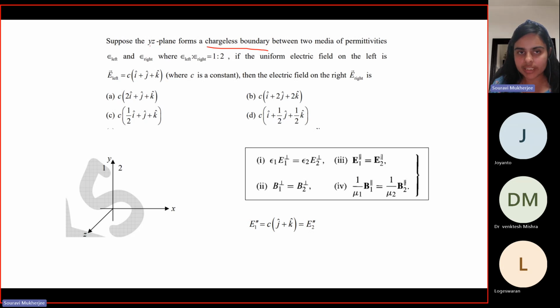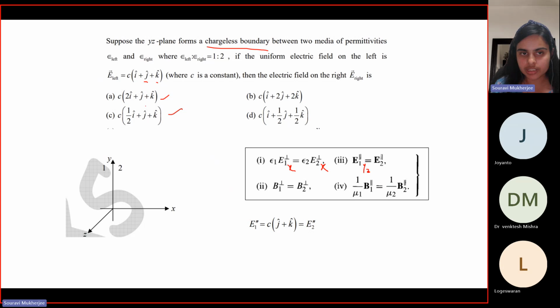That means the Y and the Z components are the parallel components, right? While the X component is the normal component. So epsilon 1 E1 should be equal to epsilon 2 E2 for the X component, while the parallel condition should hold for Y and Z. So that means for the electric field on the right, the Y and the Z components should be the same. So if we compare, it should be one of the two options, right?